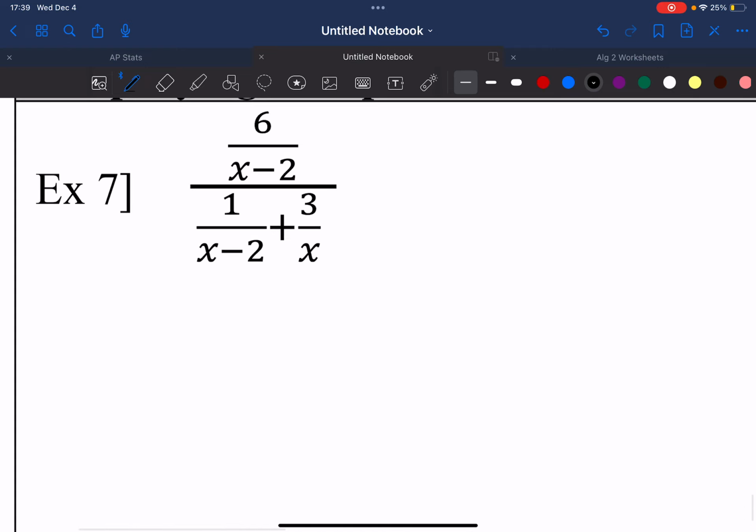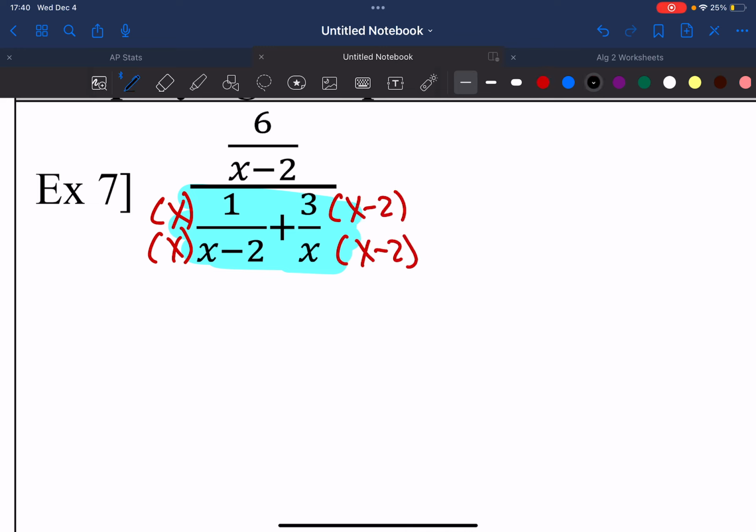Number 7 and number 8 are now combining both notes from today and notes 1. So the first thing we have to do is just simplify the denominator by creating one fraction instead of two. Well, we do this by getting common denominators. So this one is going to multiply by x, and this one by x minus 2.